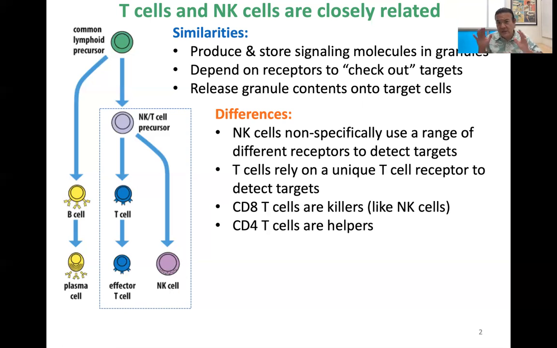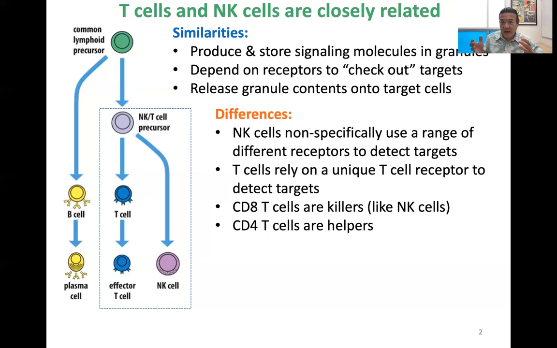So let's look at some of the similarities between T cells and NK cells and then contrast that with some of the differences. So similarities are both of these types of cells, T cells or NK cells, produce and store signaling molecules in granules in their cytoplasm. Now, depending upon the function of this particular cell, those particular signaling molecules may be very different.